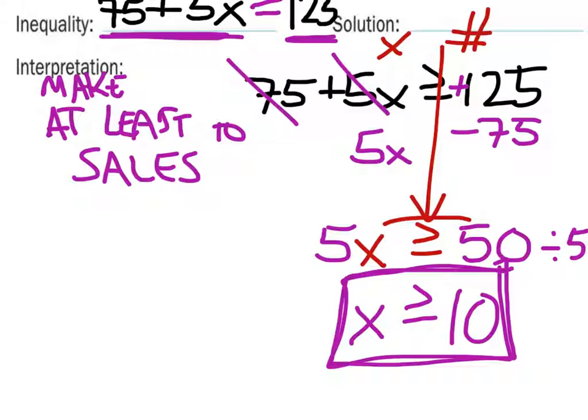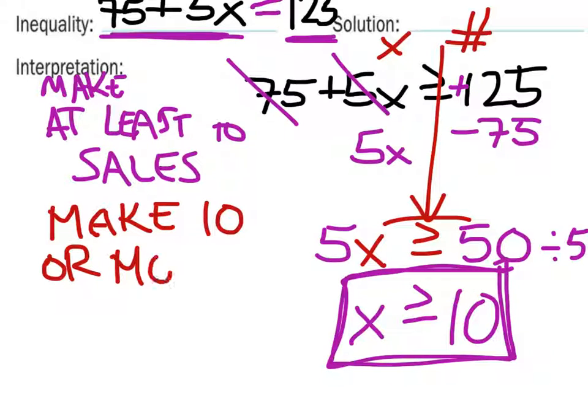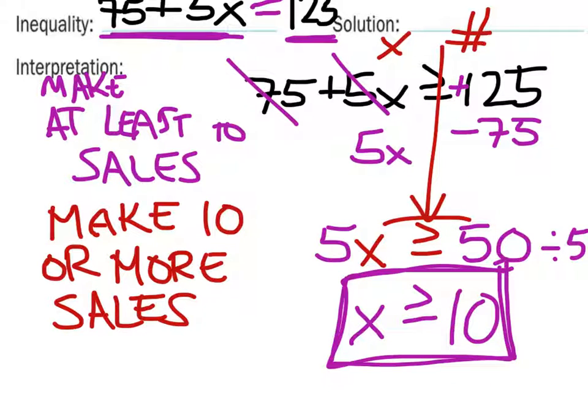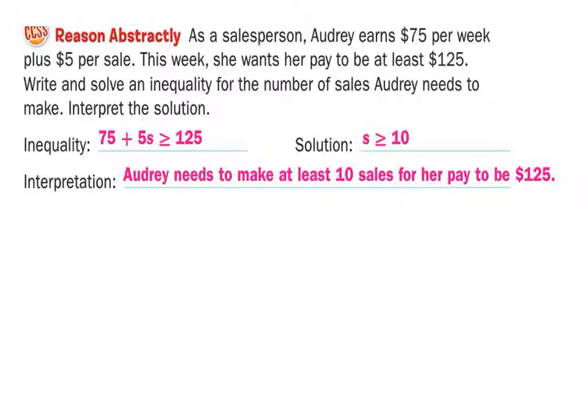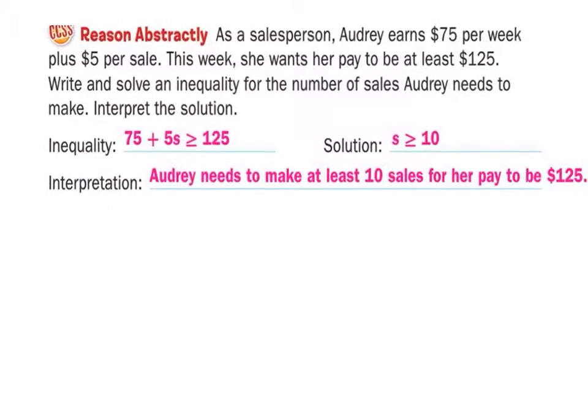There's several ways you can say this. You could also say that she needs to make 10 or more sales. There's several ways you can say this, but the interpretation is the same. This is also what you can put. There you go.